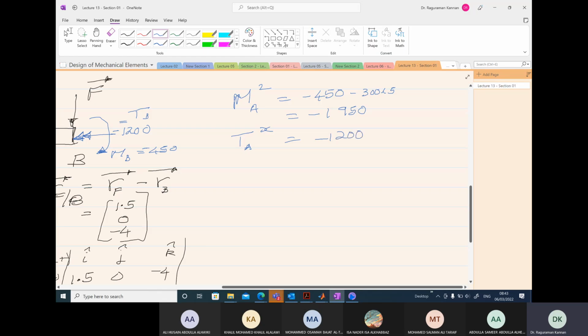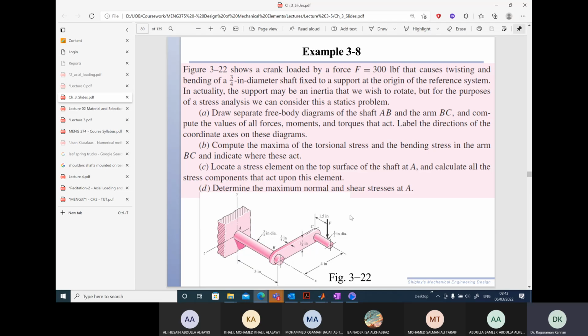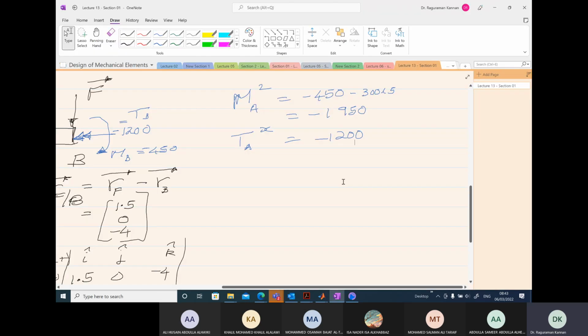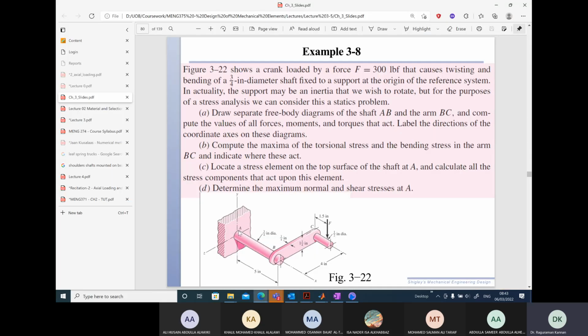So now let's calculate the component of normal stress from bending moment. The normal stress due to the bending moment is definitely the sigma xx component. So M over I times y, we have 1950. Now we need to figure out whether the stress is positive or negative at point A. Since it is with respect to negative Z axis, at point A the stress component is definitely tensile, so positive.